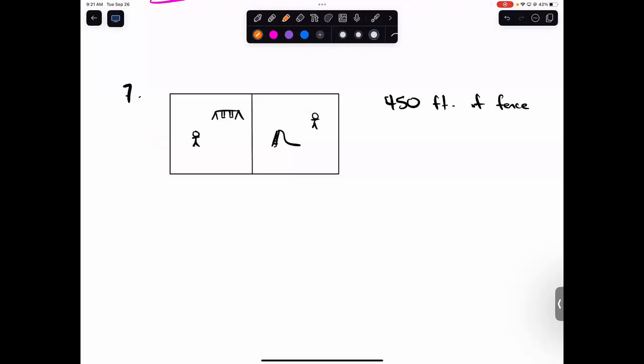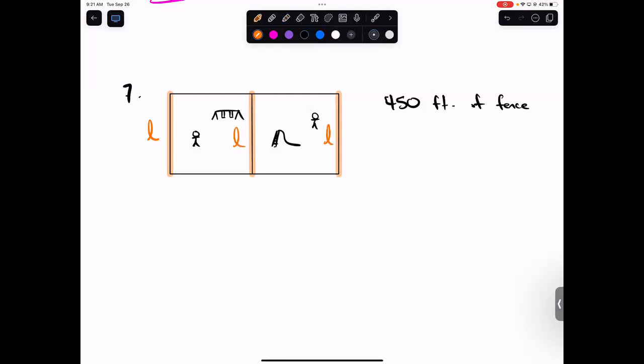How should I label this diagram to help me get there? Okay, let's call this something. Maybe that's L. What else is L then? The one that splits it in half, and then that side. Those are all the same.